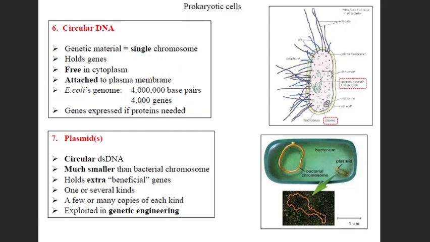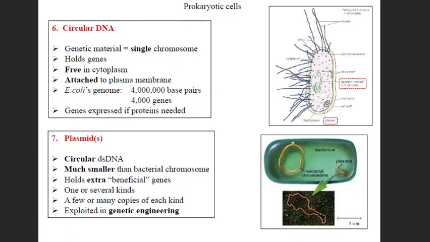It carries extra genes in it, as it is a double-stranded DNA. We know that DNA is made up of nucleotides, and the sequence of nucleotides will carry some information, that is, it will carry genes. A plasmid also carries genes in it. Some of the genes may be beneficial for that particular cell.